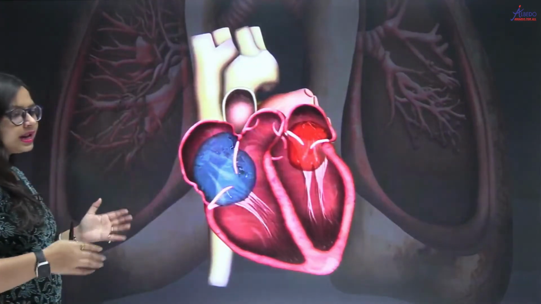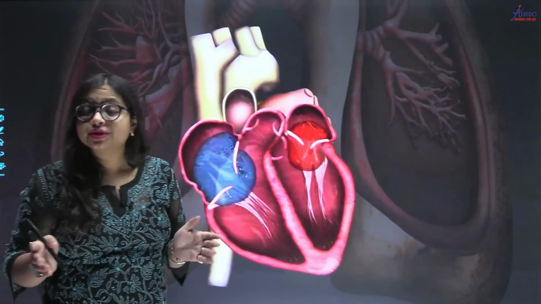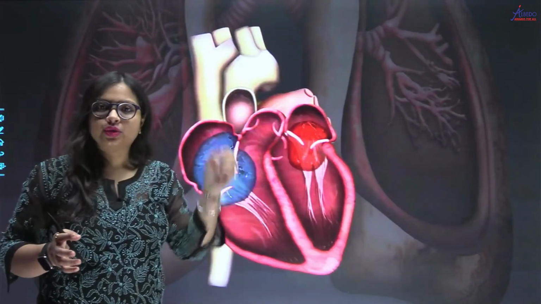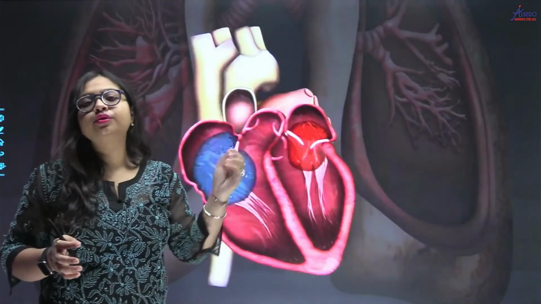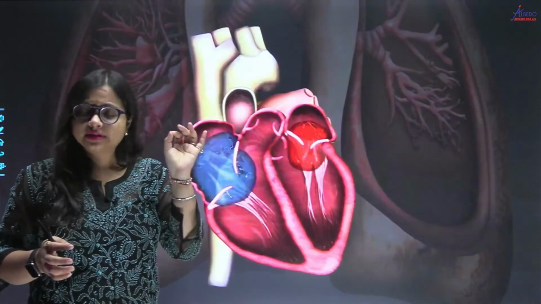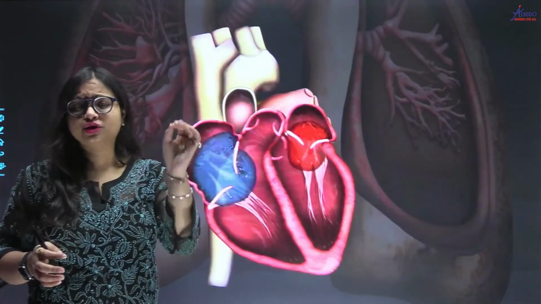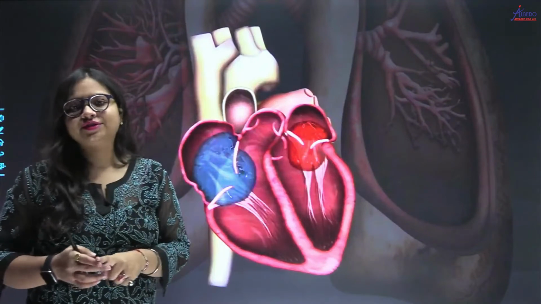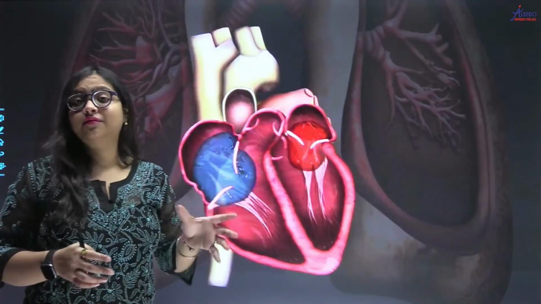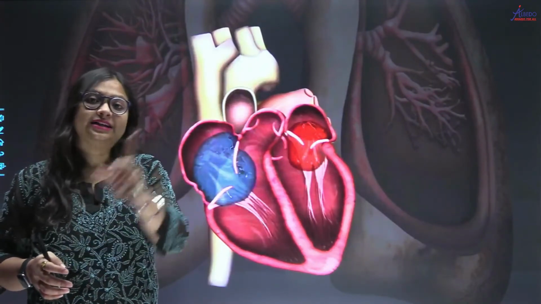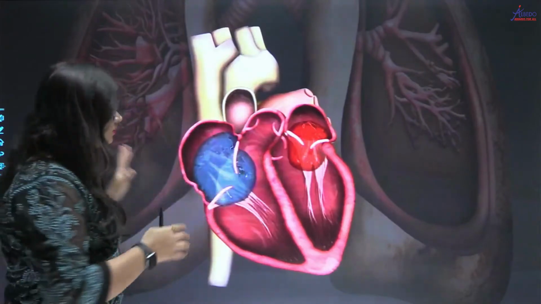So now what will happen after the phase of joint diastole? There is atrial systole. The sinoatrial node will discharge and send a signal for the atrium to contract, and that signal will take 0.1 second to reach the ventricles. That is when the ventricles will contract, and at that time your atria will relax, right?